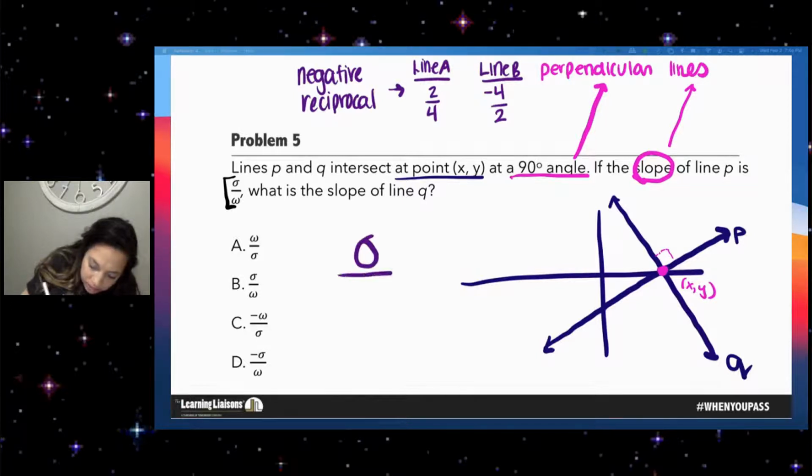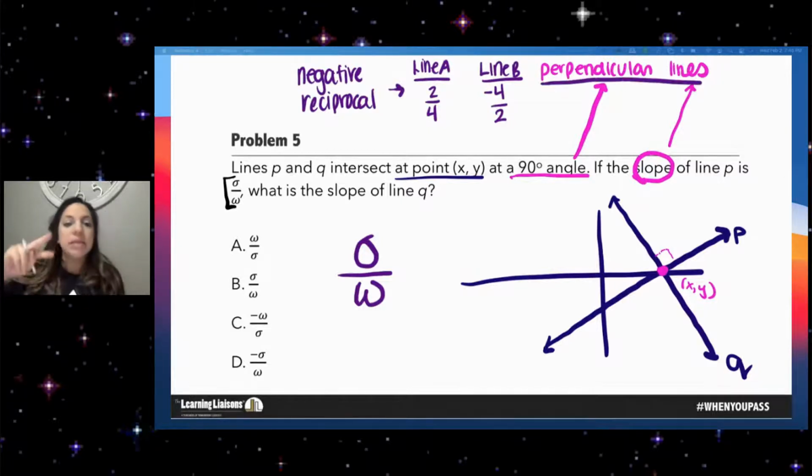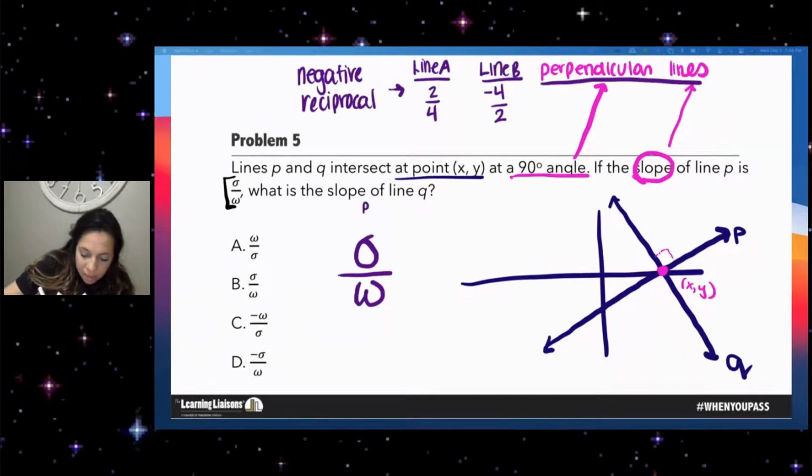So what they've told us in this problem is the slope of line P is this. So if I know that the slope relationship of perpendicular lines is the negative reciprocal, and this is line P, then line Q has to be the negative version of it and the flipped version of it.